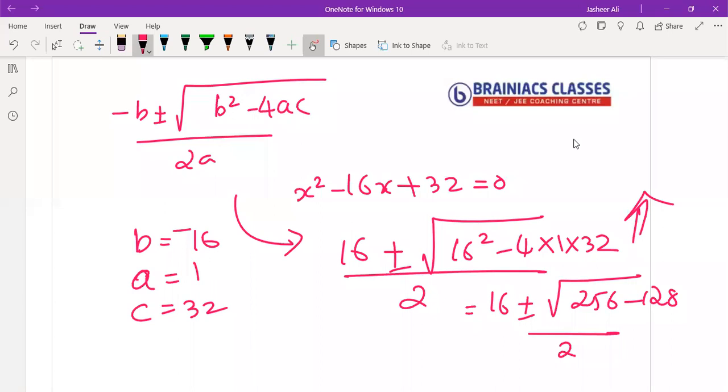Then the balance, if I write here, is 16 plus or minus root of 128 divided by 2. The root can't be taken exactly, but 11 square is 121, so approximately we can take 11. Adding and subtracting, 5 by 2 is 2.5. 2.5 answer is not available.